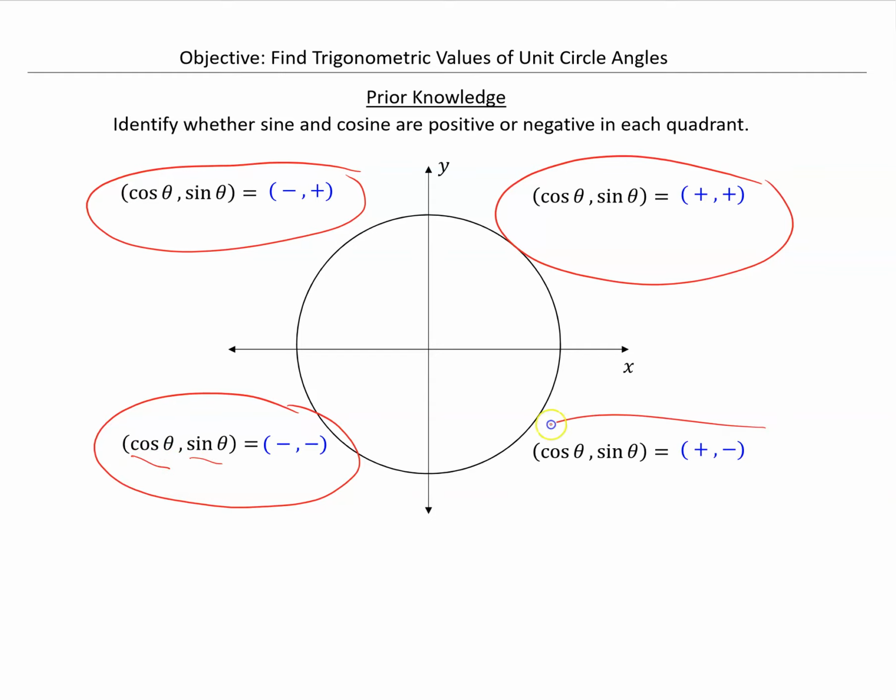And in our fourth quadrant, x is positive and y is negative, so cosine is positive and sine is negative. That will mean that anything that involves sine is going to be negative, and that includes tangent, cotangent, and cosecant. And the reciprocal of cosine, which is secant, is going to be positive also, since cosine is positive.